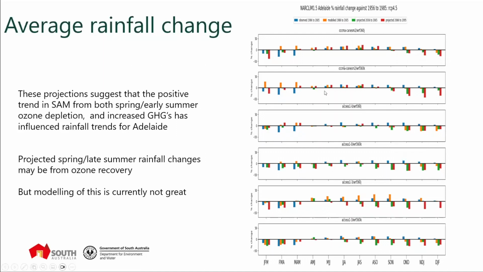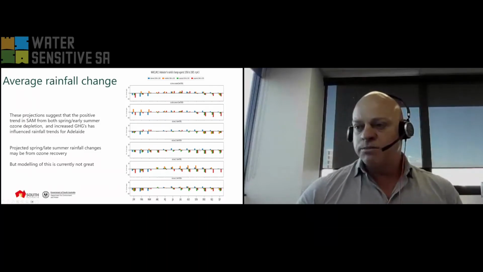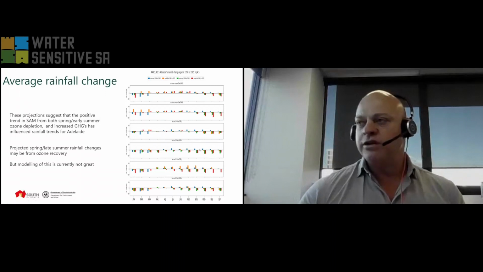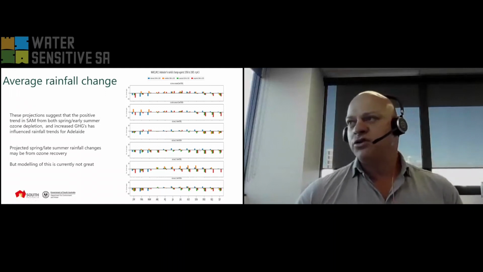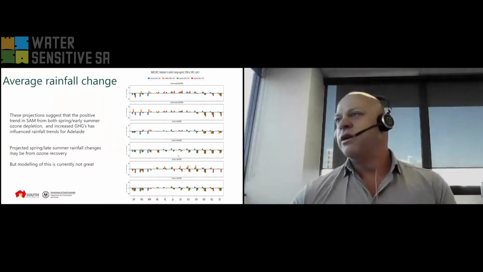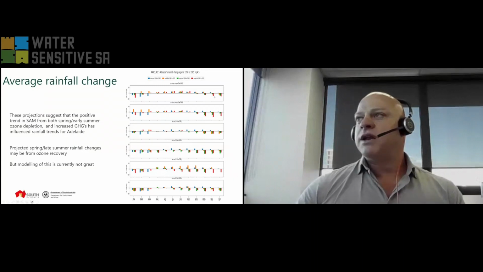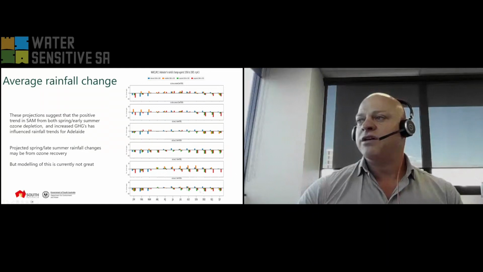So the key thing out of this is there's some mixed messages in there. The temperature projections are pretty solid and pretty clear in terms of trends. The rainfall projections, the trends are a little more mixed, is probably a fair thing to say. But the clearest thing we see out of this is there is a significant drying projected in the sort of late winter, spring period out of the projections.